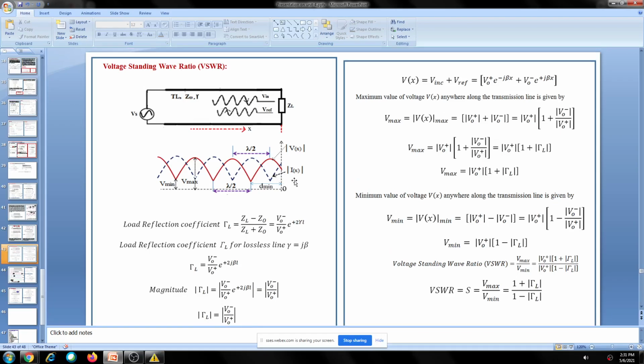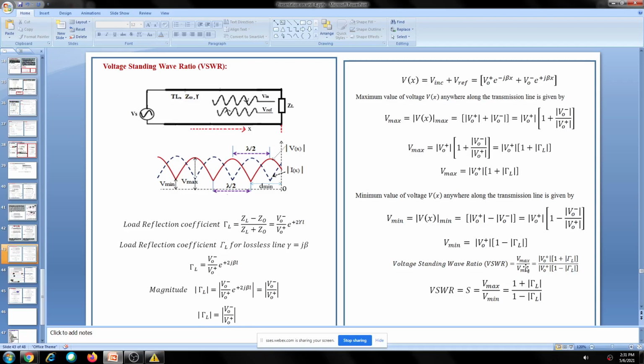The standing wave ratio is defined as the ratio of V maximum divided by V minimum. Here I have written: voltage standing wave ratio is defined as the ratio of V maximum divided by V minimum. So now, what are this V maximum and V minimum?